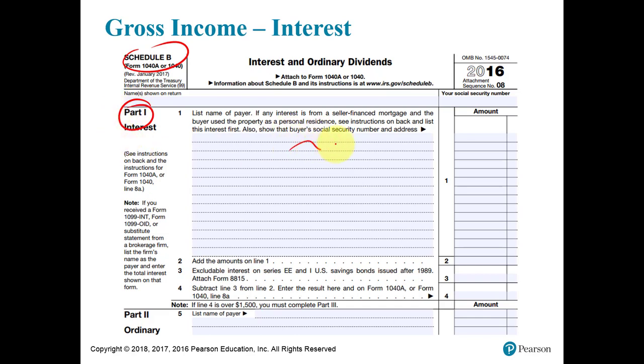So here's the name of the payer and the amount, name of the payer and the amount, and a subtotal. And again, if one of these is savings bond interest and you use the proceeds for qualified education costs, you may be able to exclude part of that interest income. That's calculated on Form 8815, and then the net amount of interest income is reported back on the 1040 form.